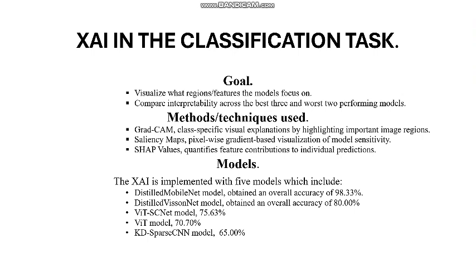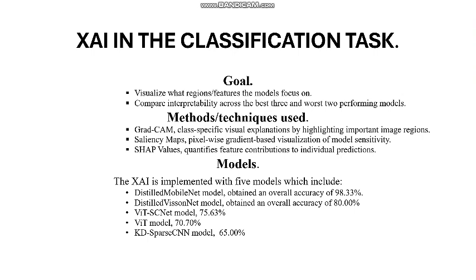The methods or techniques that we used in our explainable AI classification task are Grad-CAM, saliency maps, and SHAP values. We performed our explainable AI on 5 models.